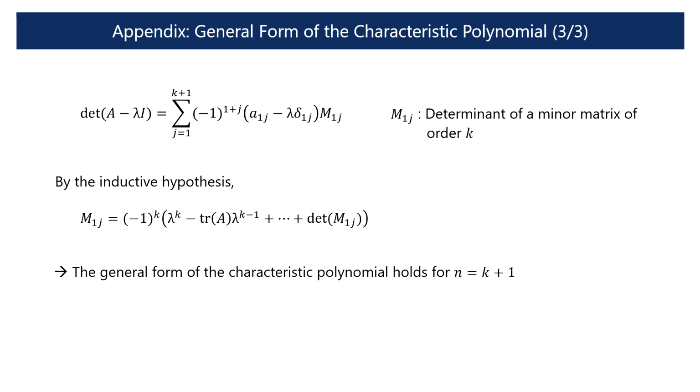By the inductive hypothesis, we know that M_ij can be expressed by this equation. Thus, the general form of the characteristic polynomial holds for n equals k plus 1. So we can say that the general form holds for any value of n.